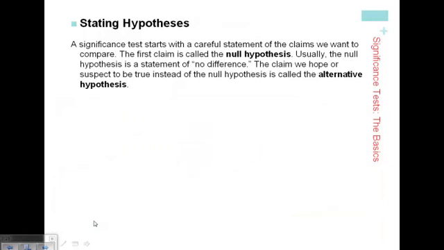So, let's start to formalize this procedure. This claim, the one that we're going to try to prove wrong, has a special name. It's called the null hypothesis. You're going to want to write this down. The first claim, the one that we think is false, the one that we're going to try to prove false, has a special name.